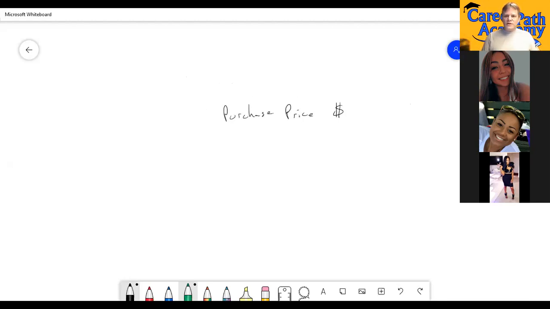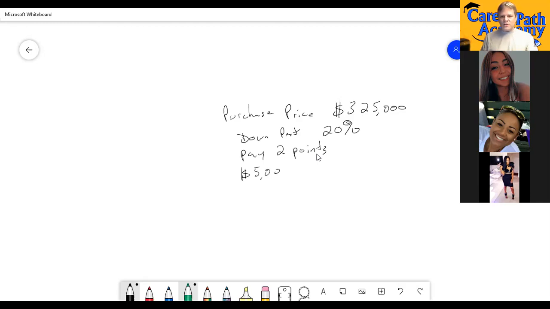Okay, we have a purchase price of $325,000. And the buyer has to put down payment. The down payment is 20%. They have to pay 2 points. And there's $5,000 in closing costs.